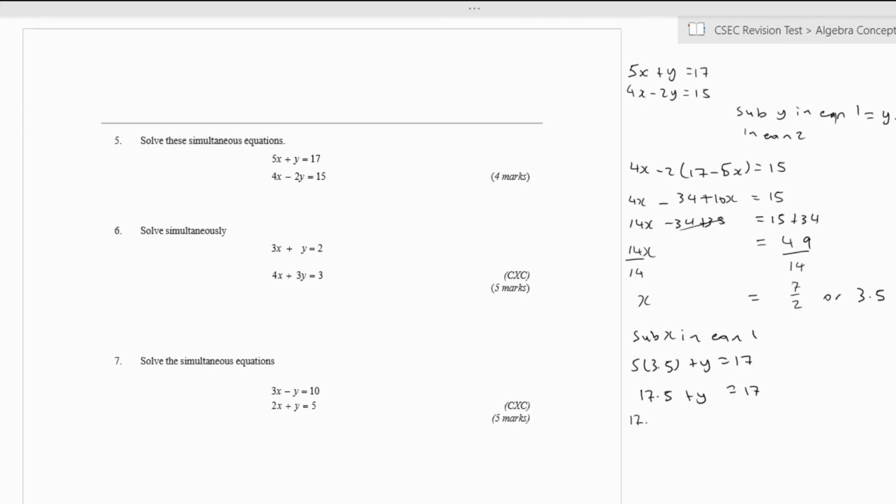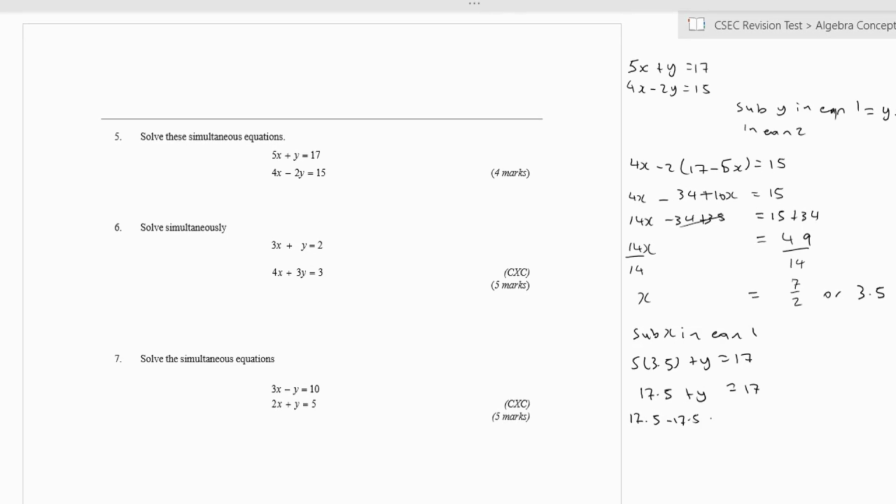I'm going to subtract 17.5, so our y will be equal to negative 0.5. Awesome. And that was our simultaneous equation.